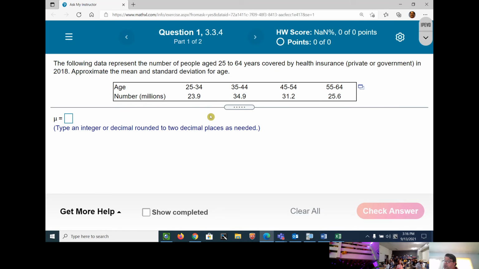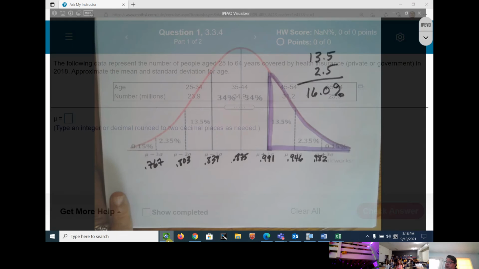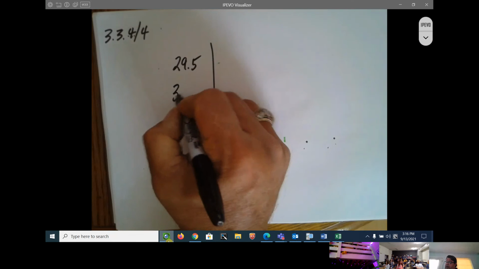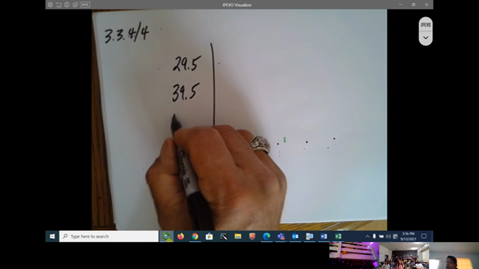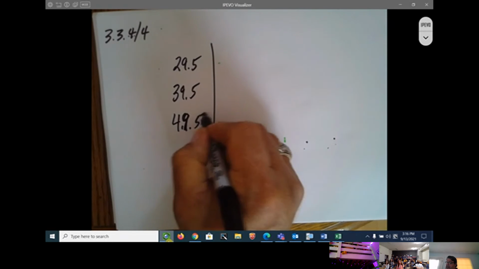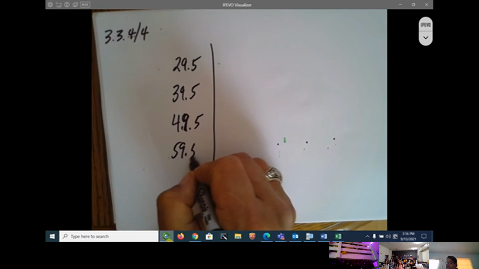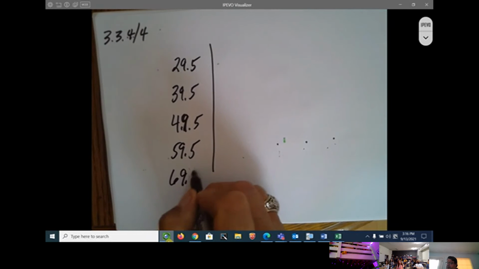29.5. Okay, 29.5. And what's the class width? Class width is 10. So that's going to be 39.5, 49.5, 59.5, and 69.5.